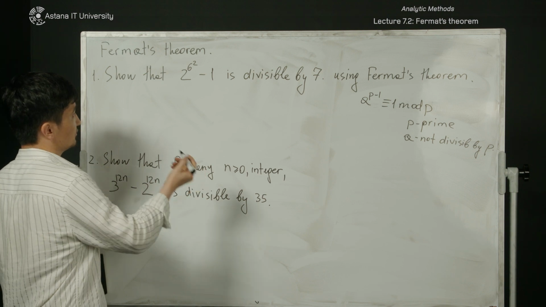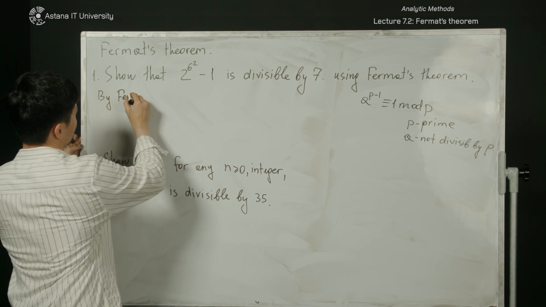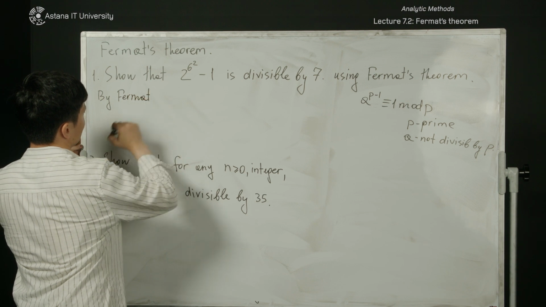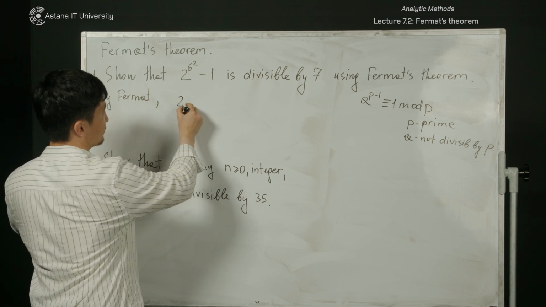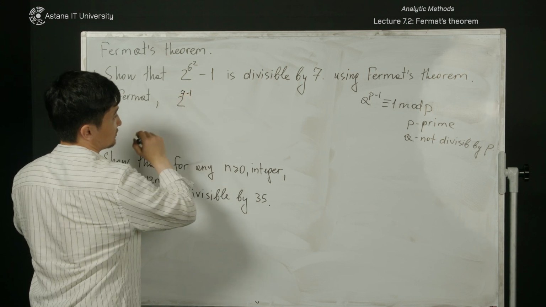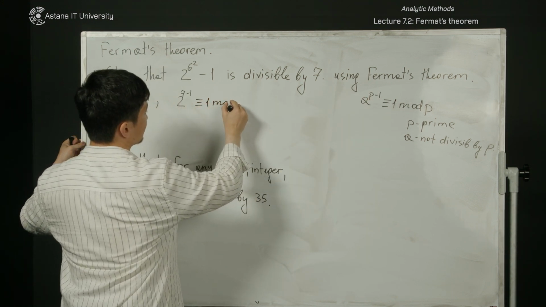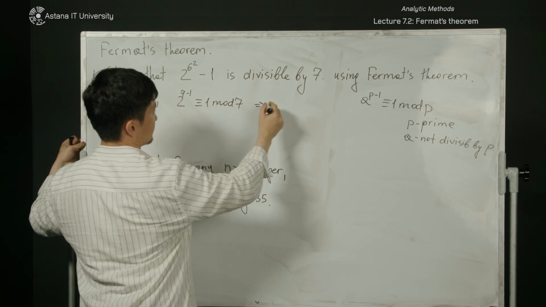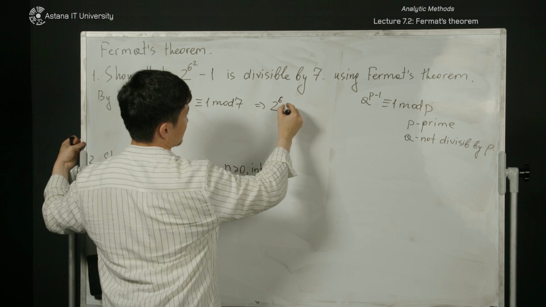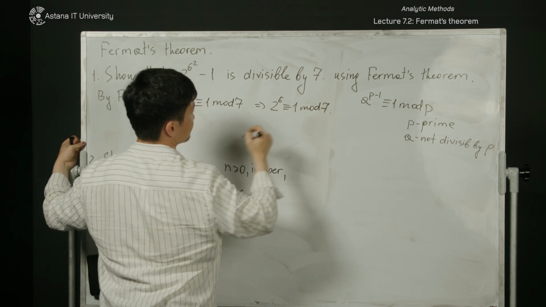By Fermat, what I have is 2 to the power of 7 minus 1, p minus 1, gives me remainder 1 mod 7. So which is basically 2 to the power of 6 gives me remainder 1 when divided by 7.